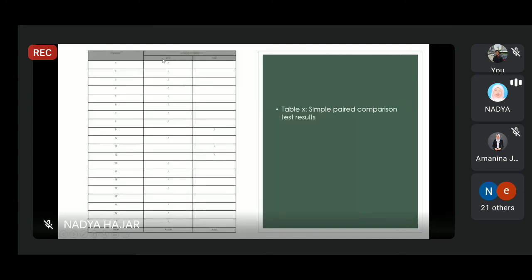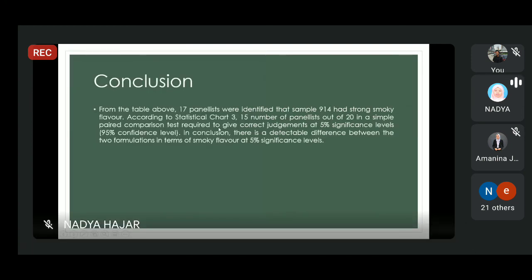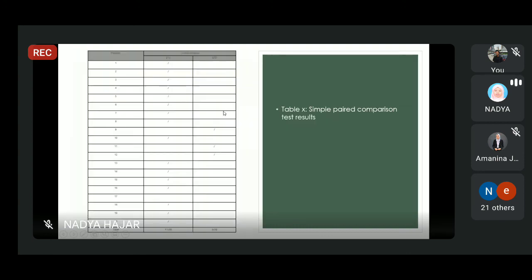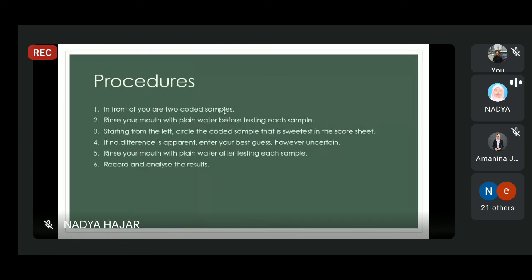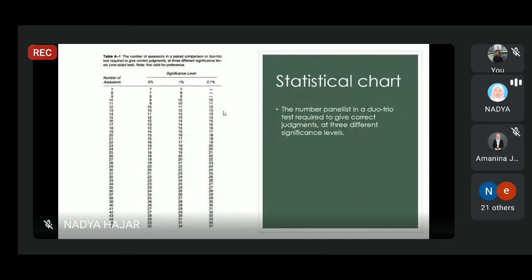Okay, macam dekat table ni lah, 914, 17 panelists out of 20. So according to the statistical chart 2, actually chart 2, so kita tengok balik statistical chart 2 dekat duo trial test. Nah, dekat sini at 5% level kita ada berapa orang number of panelists? 20. Okay, still 20 here, 15.